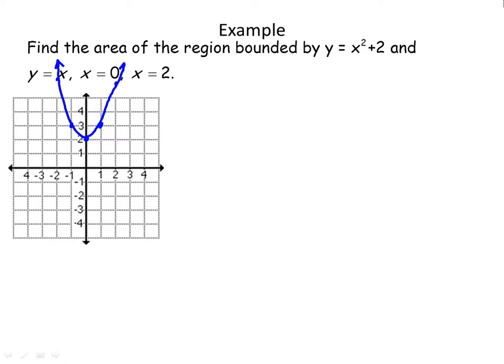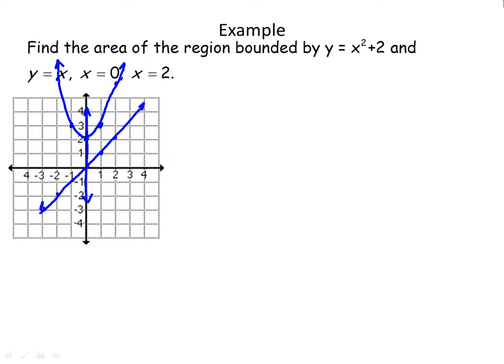The next thing we have is a line, y equals x. So y equals x is just going to be this line that does this. And then you have x equals 0. X equals 0 is just going to be your y-axis.